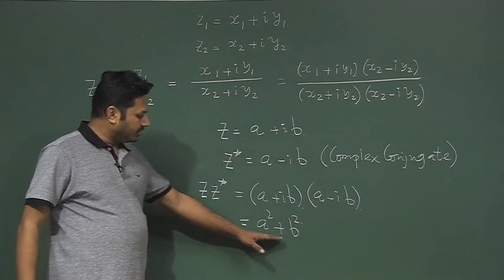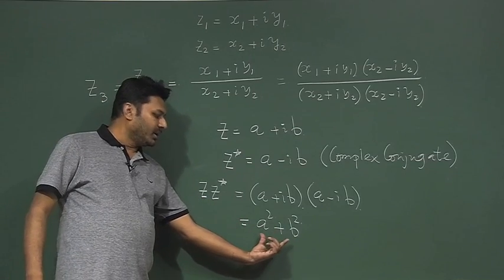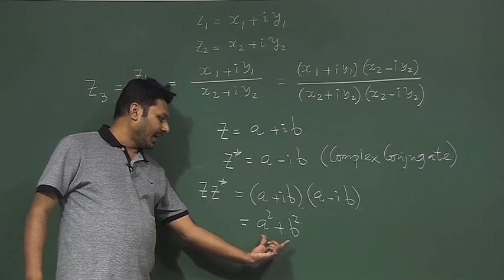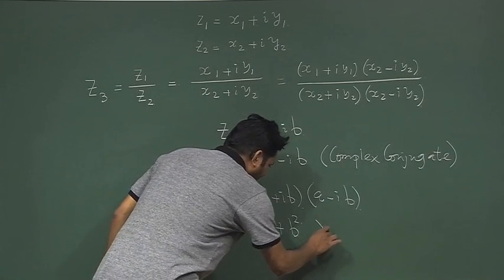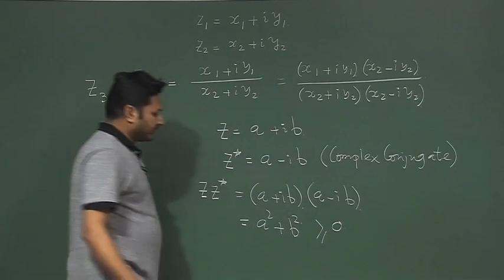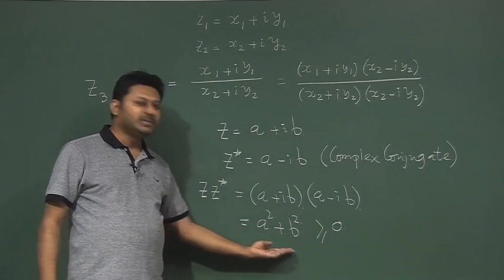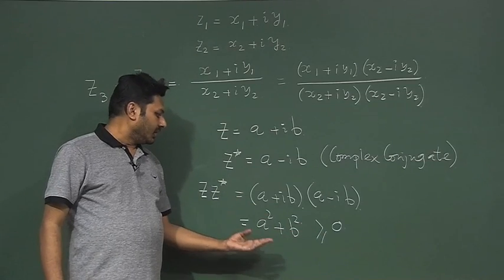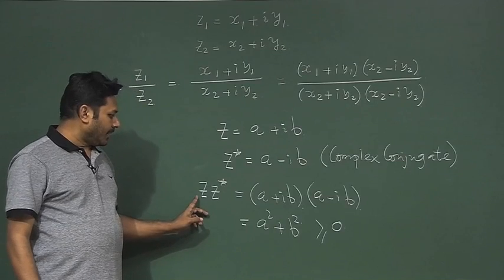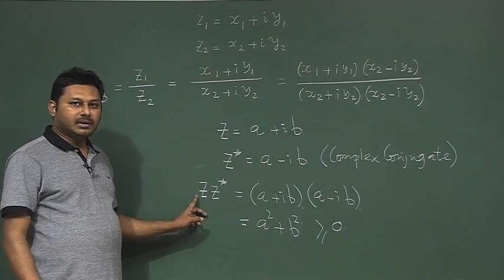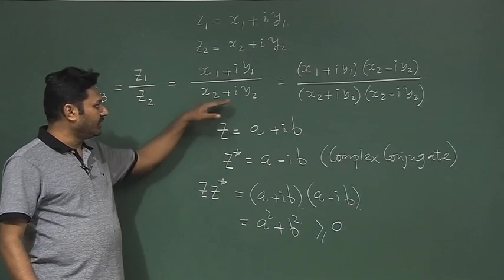Here a is a real number and b is a real number, so we square them and add. This quantity is always greater than or equal to 0 and real. This is important. If I have a complex number and want to make it a real number, I just operate with the complex conjugate.